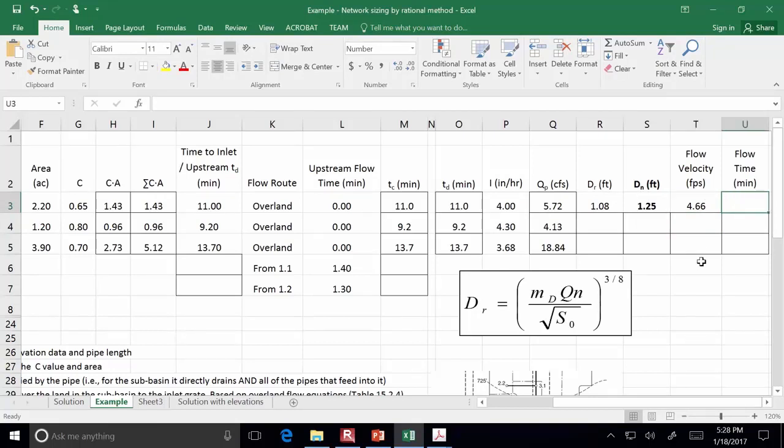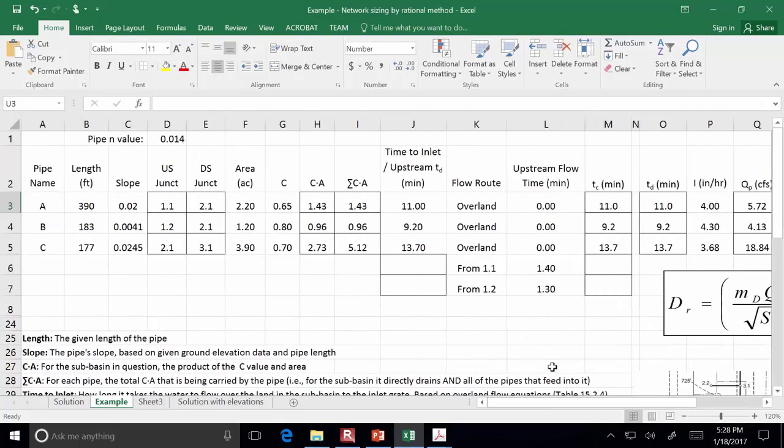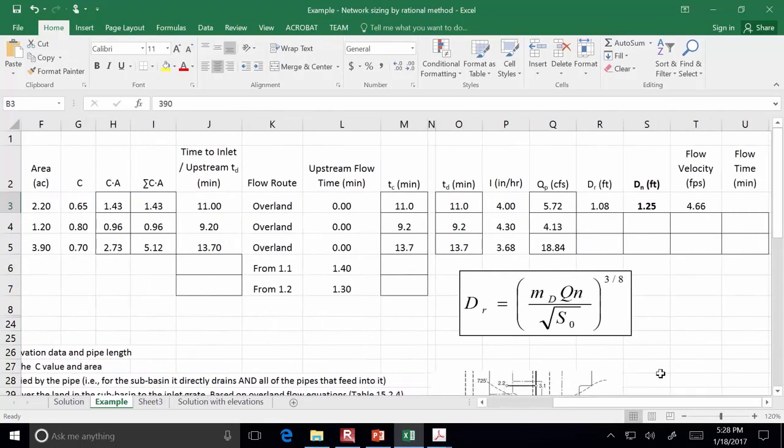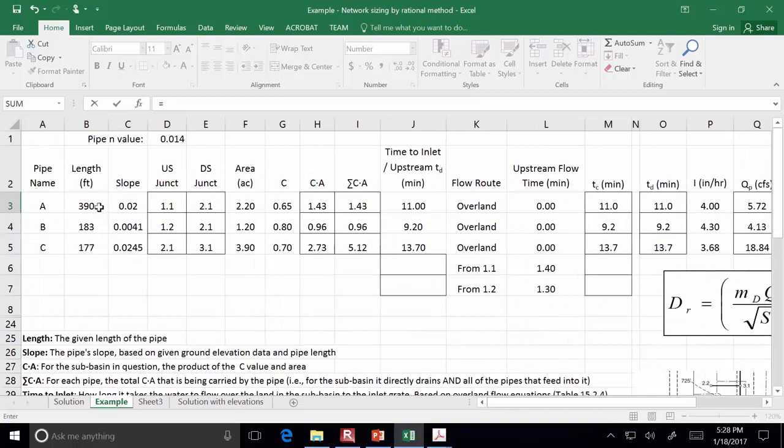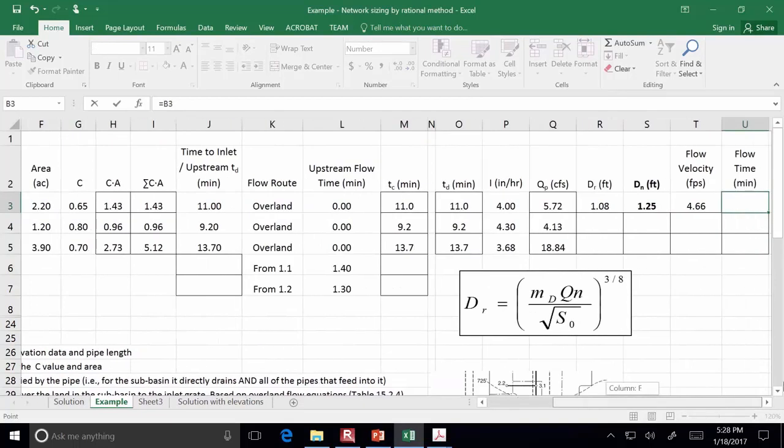And then this flow time column is saying if we have a pipe that's 390 feet long, how many minutes does it take for the water to travel through a pipe of that length at this flow velocity? So that's going to be the length of the pipe divided by the velocity.